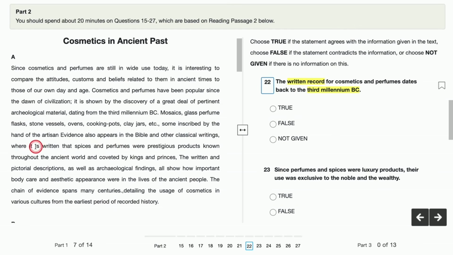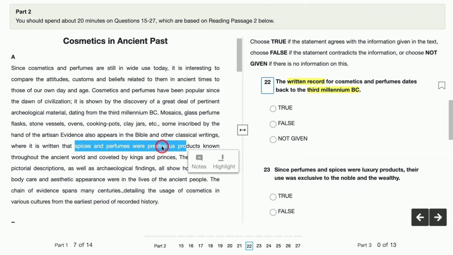It says where it is written that spices and perfumes were prestigious products known throughout the ancient world and coveted by kings and princes. I think this is saying written record for cosmetics and perfumes show that spices and perfumes were prestigious products. It doesn't say whether the written record dates back to the 3rd BC or not, right? So it's still not given.